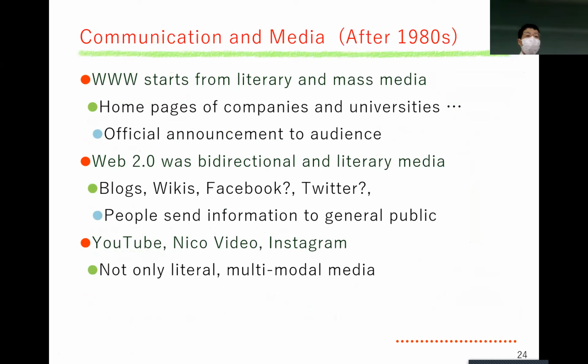ということですね。Of course, after the 1980s, the World Wide Web and the Internet became widely spread. And the Internet realized not just passive information. At the beginning, the World Wide Web was also literary and mass media, so people perceived information through it. But after that, Web 2.0 came, and it became bi-directional, but still literary media.